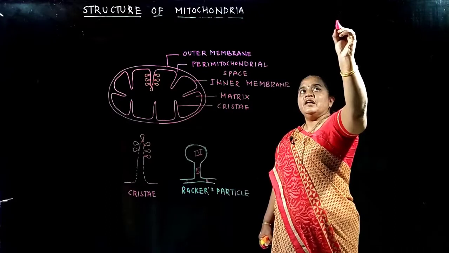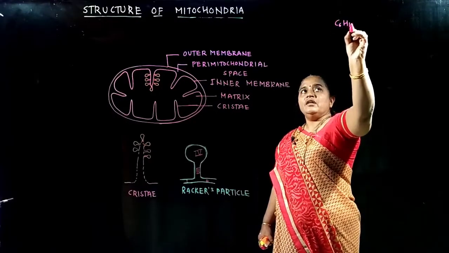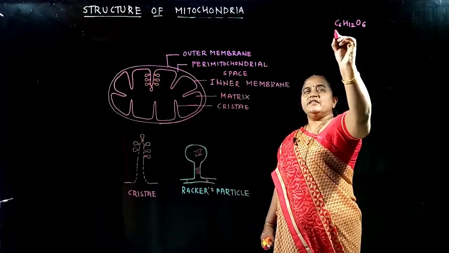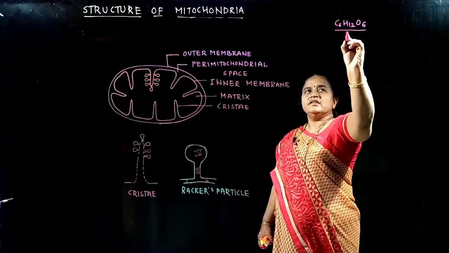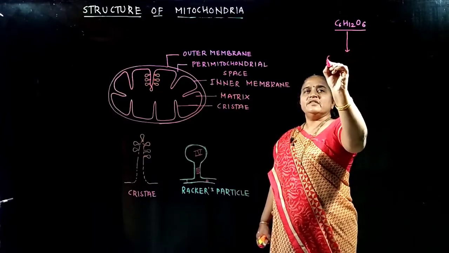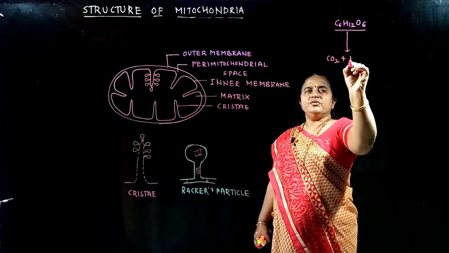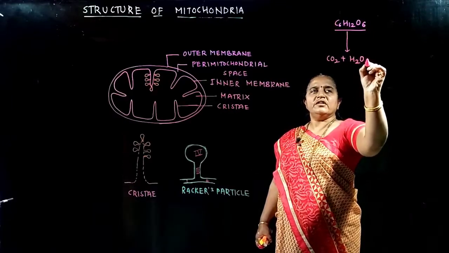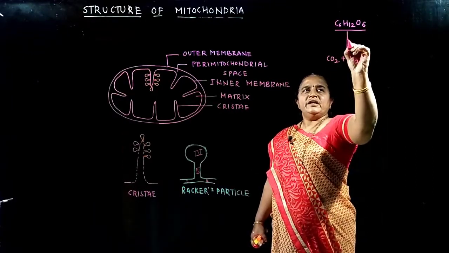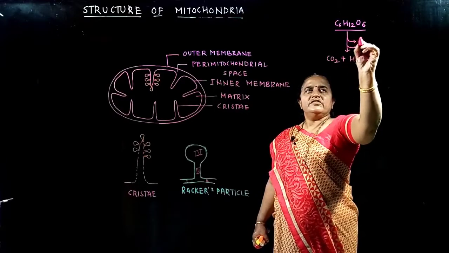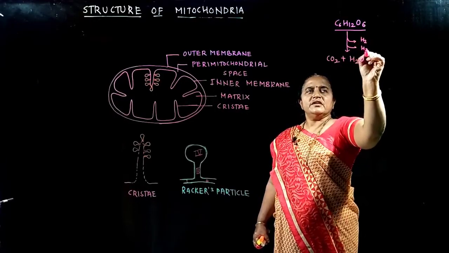Whenever a cell utilizes a molecule like carbohydrate, that is C6H12O6, it is stepwise metabolized into carbon dioxide and water, liberating hydrogen stepwise.